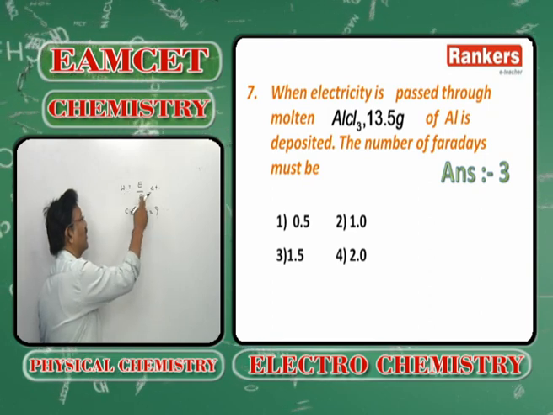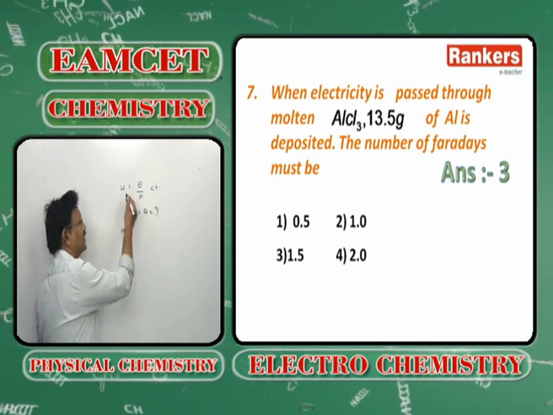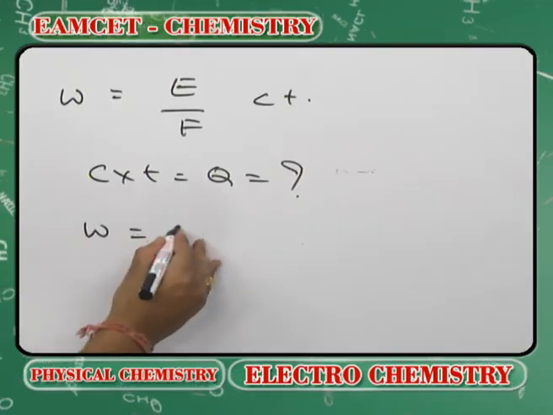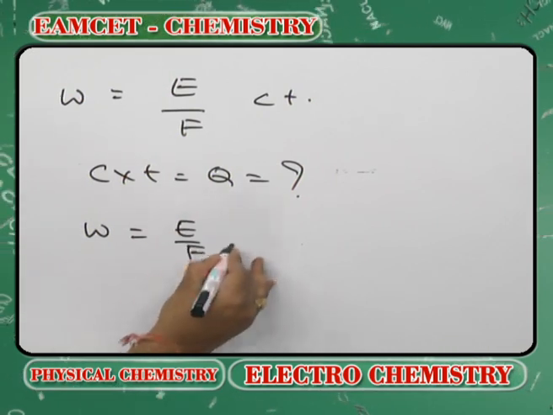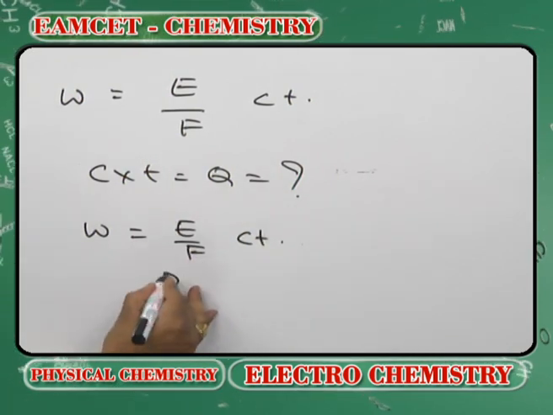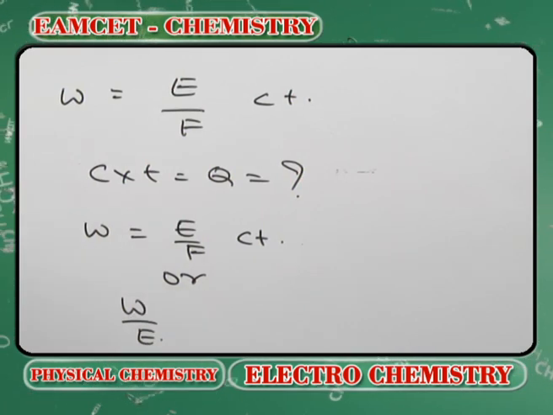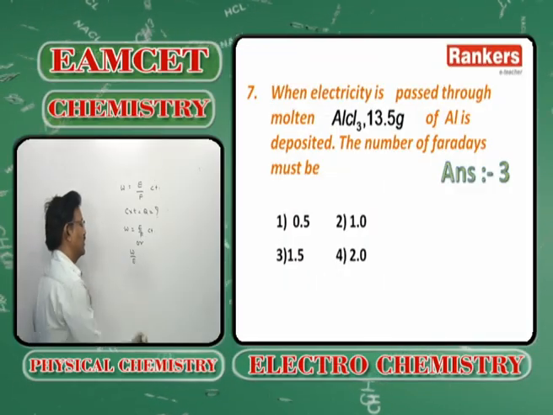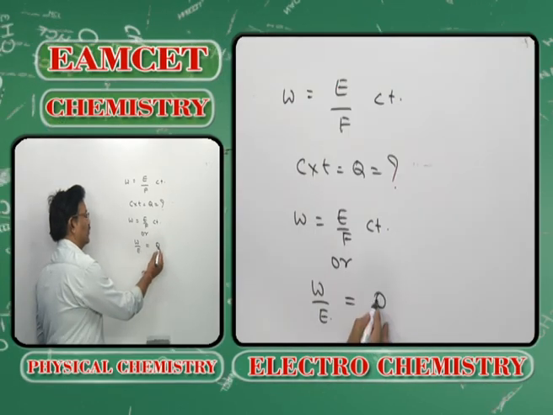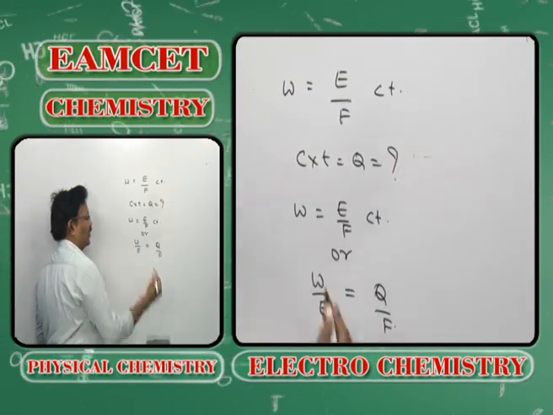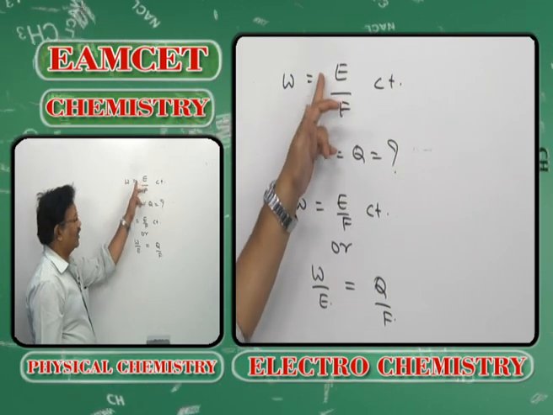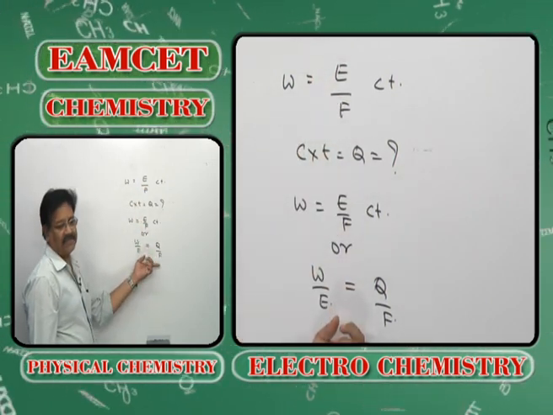So, this formula W is equal to E by F CT can be rewritten as W by E, number of equivalents, is equal to Q by F.